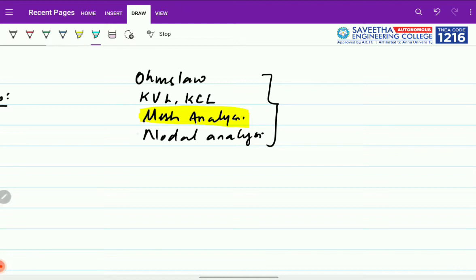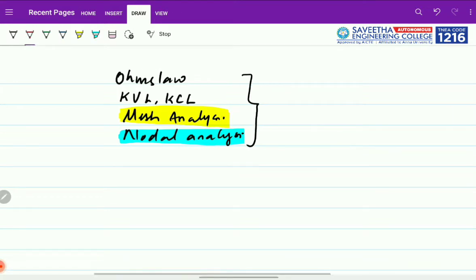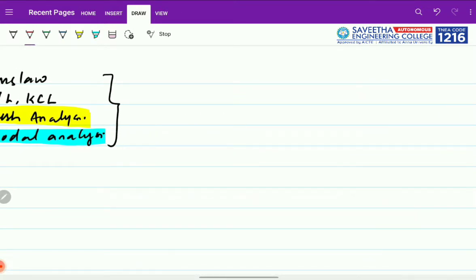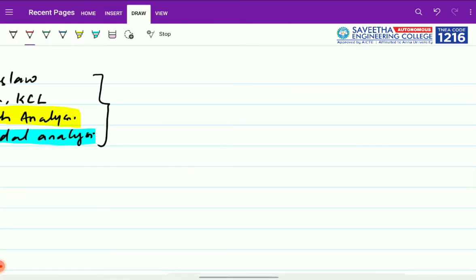The difference between mesh analysis and nodal analysis is very simple. I will give you a practical example. I will show you a circuit and tell you how it is different and which one we have to select and why. For example, you have a circuit something like this.